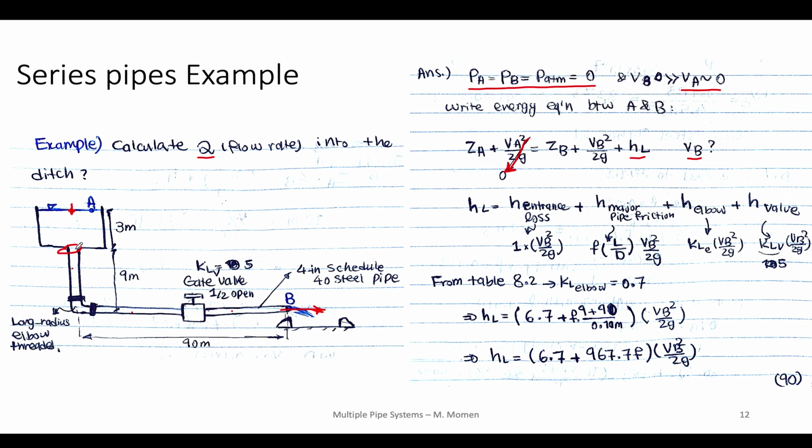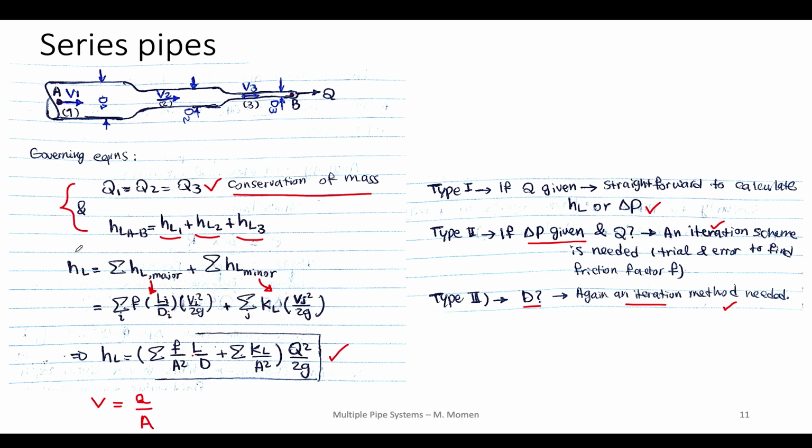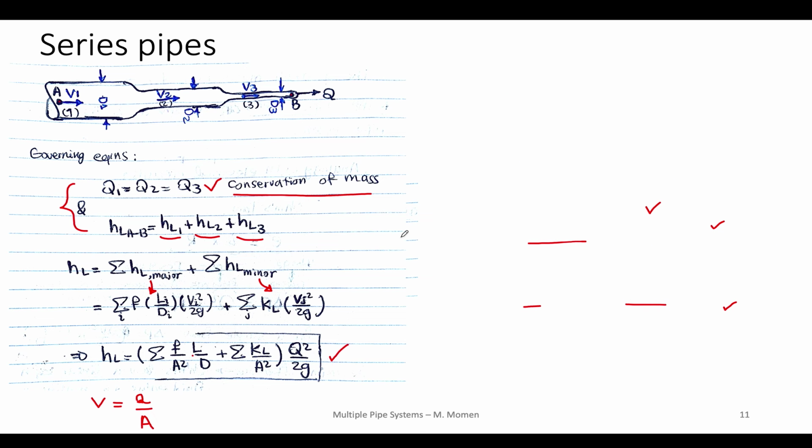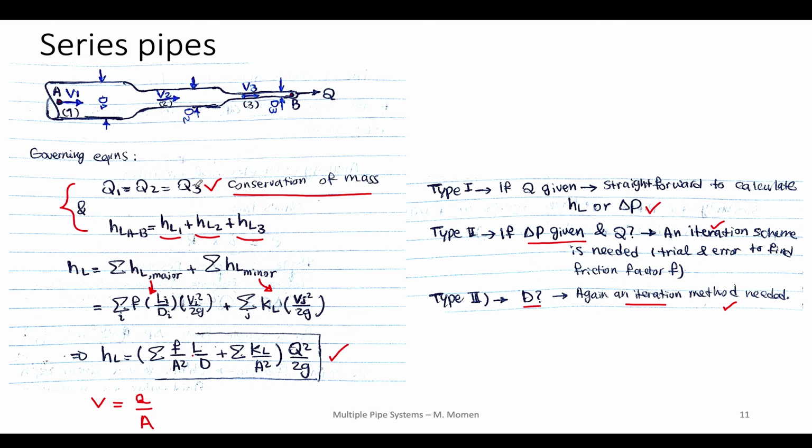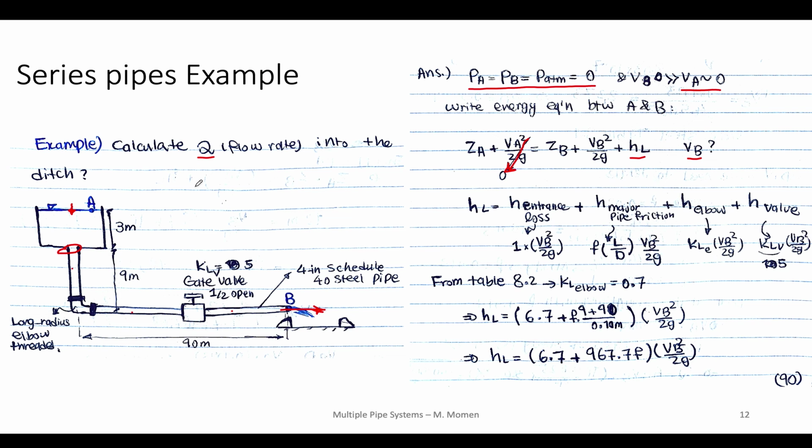And if you write the mass conservation equation, which we had here for 3 pipes, we had Q1 equals Q2 equals Q3, right? So I can write it down here: Q at pipe 1 equals Q at pipe 2 equals Q at pipe 3.